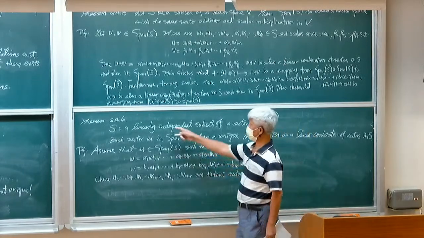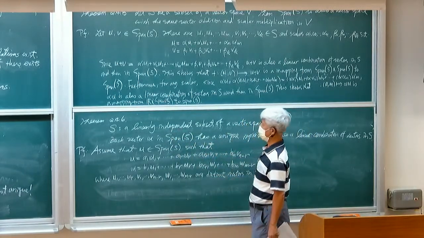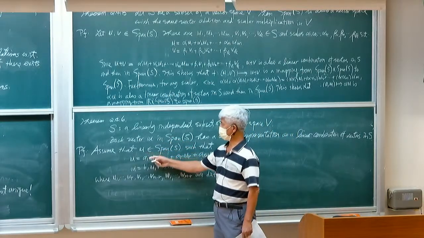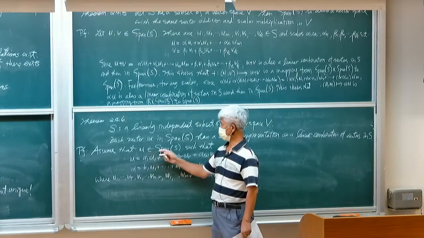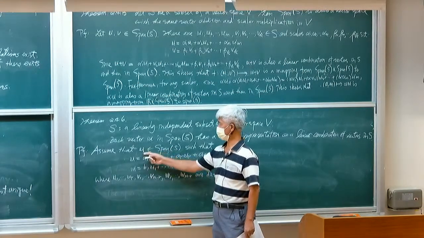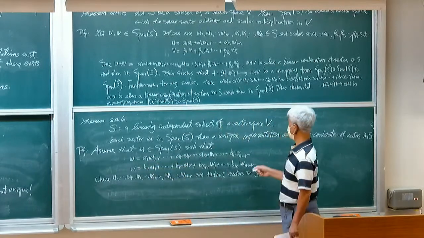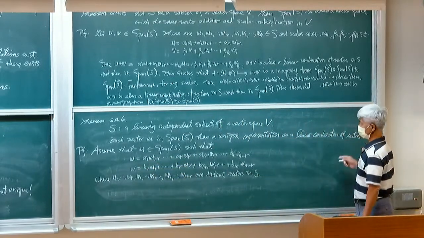So X is linearly independent, right? And so we suppose that in the span of X there is a vector. This vector can be represented as a linear combination of vectors in X in two different ways.